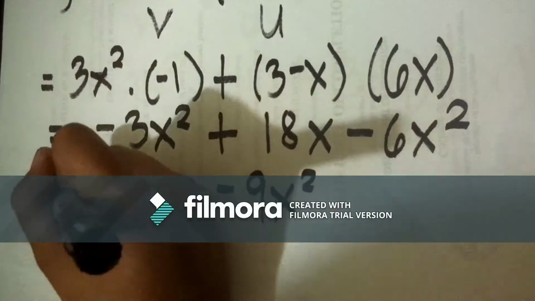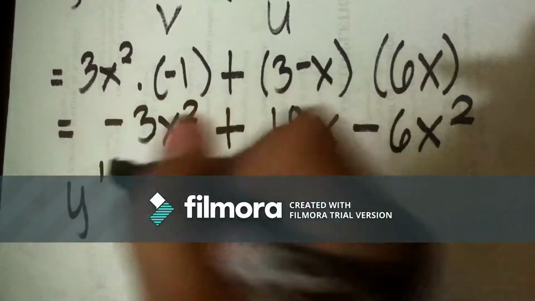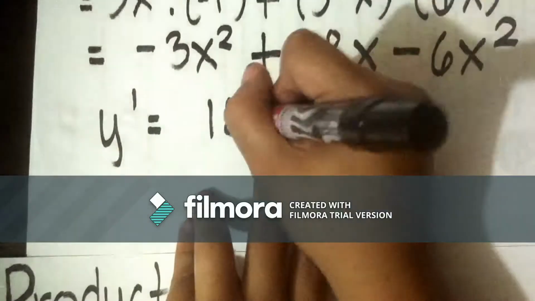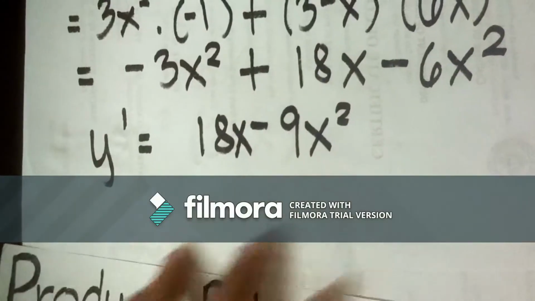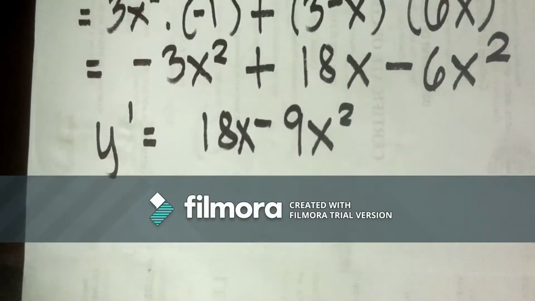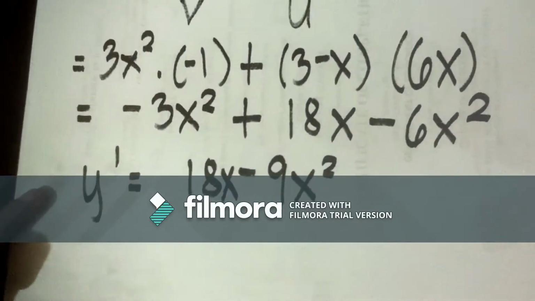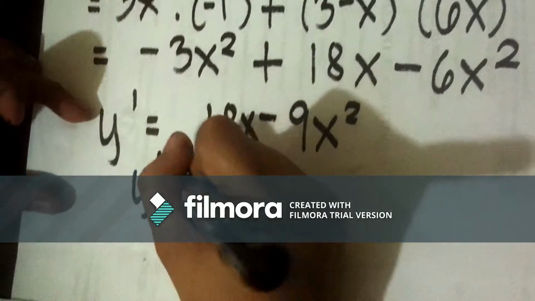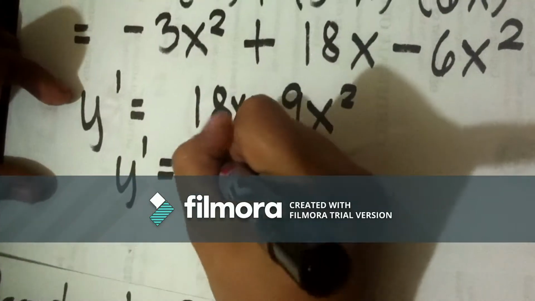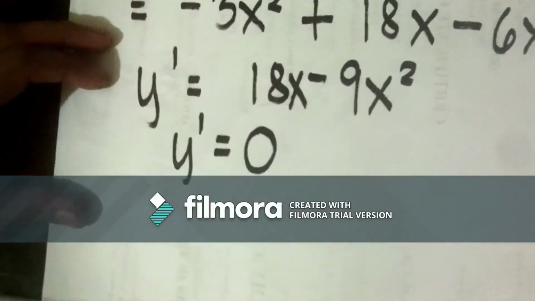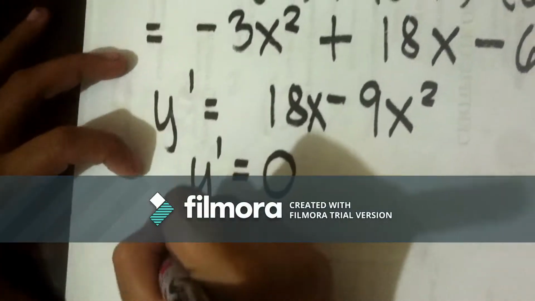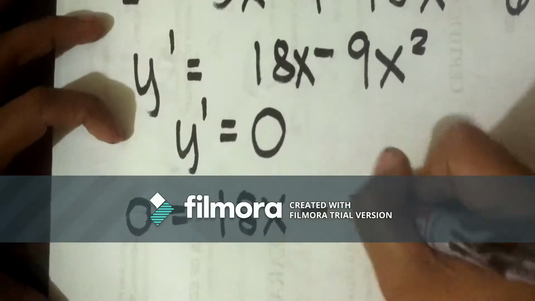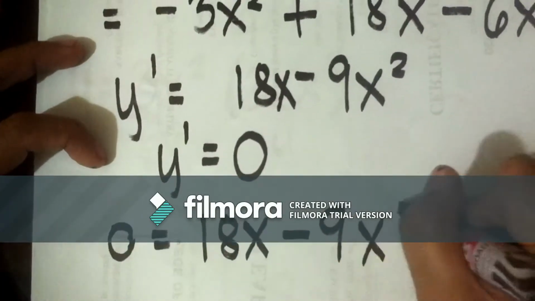So our first derivative here is 18x minus 9x squared. Our next step is to let y prime, or our first derivative, be 0. So y prime is equal to 0. So here 0 is equal to 18x minus 9x squared.